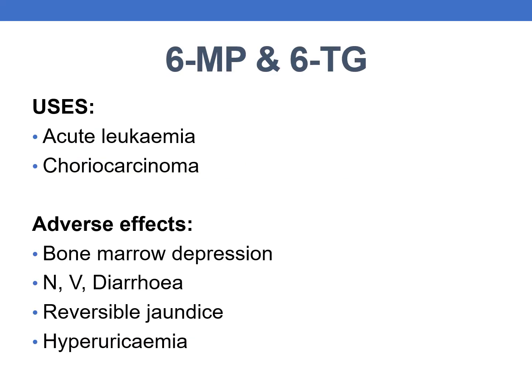Coming to the uses of both drugs, they are used to treat acute leukemia and chronic carcinoma. Adverse effects are bone marrow depression, nausea and vomiting, even diarrhea, reversible jaundice, and hyperuricemia.